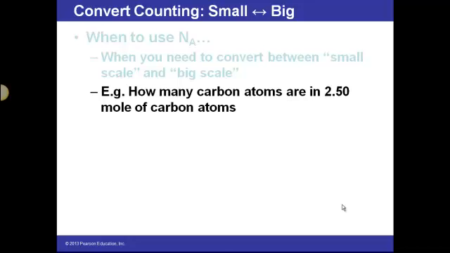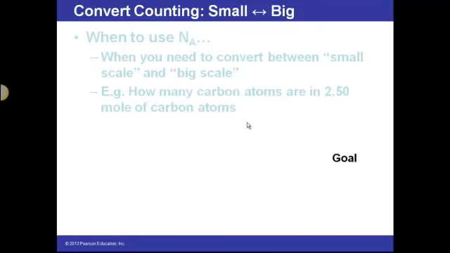Essentially, when you're looking to do reactions in the lab, reactions are written in the small scale, so you need to use Avogadro's number at that time and our concept of the mole to utilize chemical equations and mediate chemical reactions in the lab. So we could calculate how many carbon atoms are in 2.5 moles of carbon.